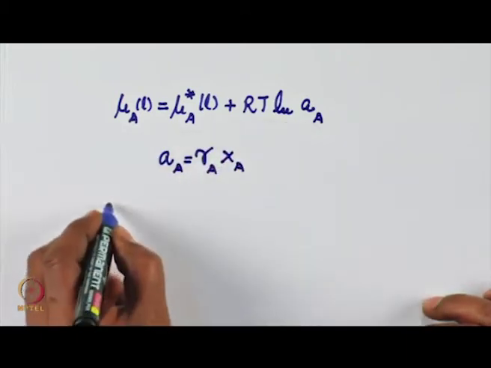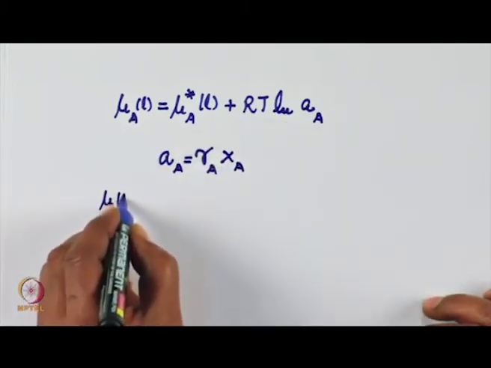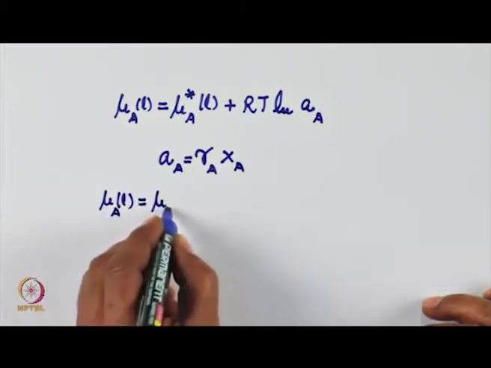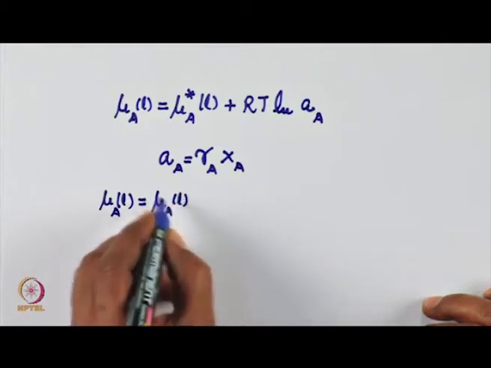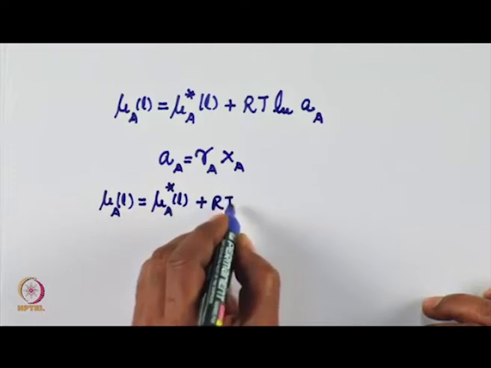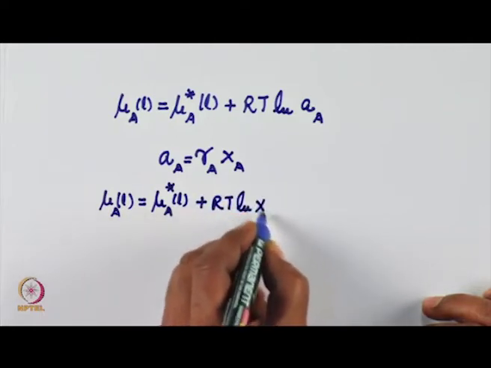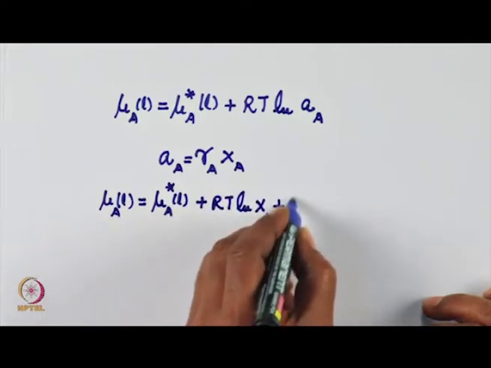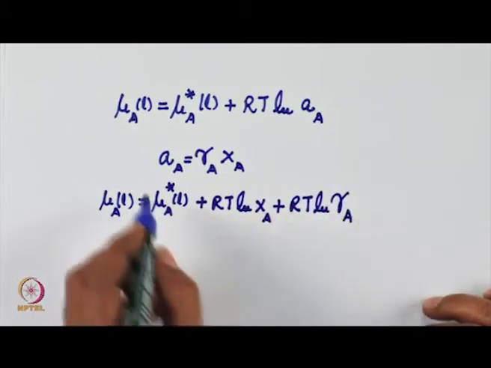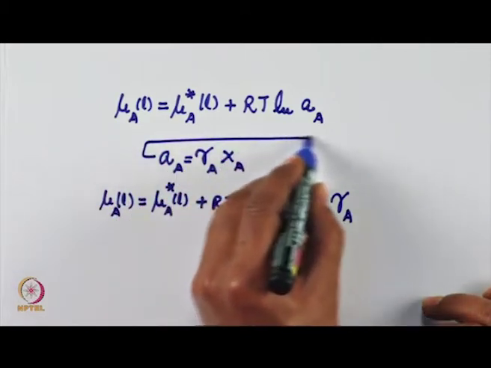Now if you substitute over here, what I get is mu A L is equal to mu A L star plus RT log XA plus RT log gamma A.